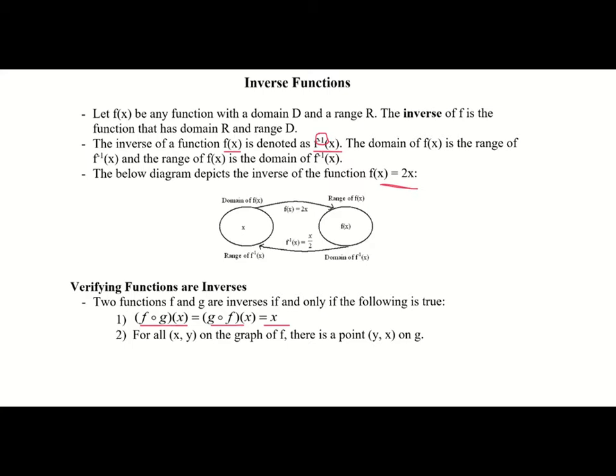If you have ordered pairs or look on a graph, for every ordered pair of the original function, the corresponding point on the inverse should be the opposite: y first and then x. Again, we'll take a look at both of those.